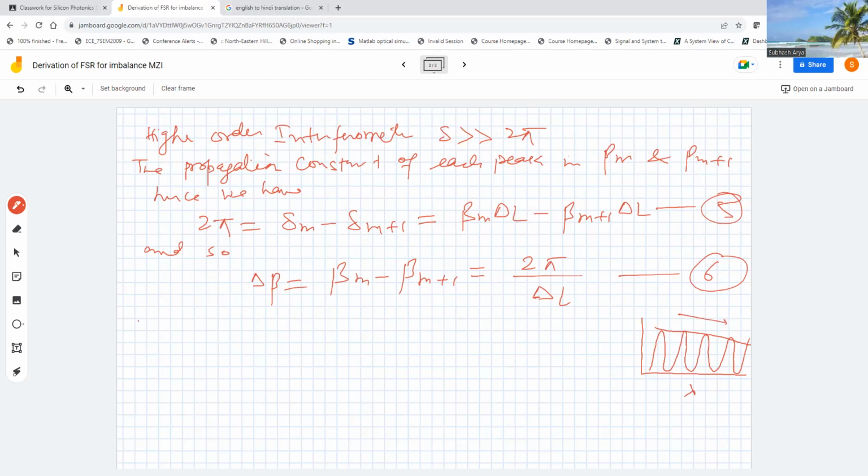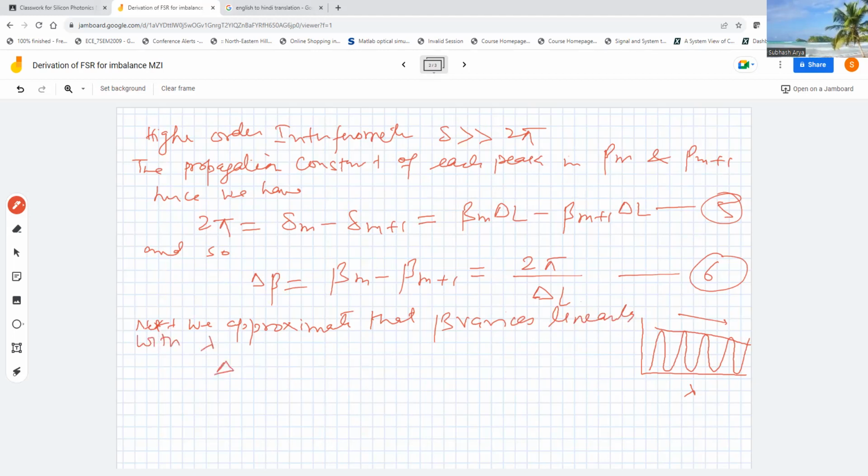Next, we approximate that beta varies linearly with wavelength.